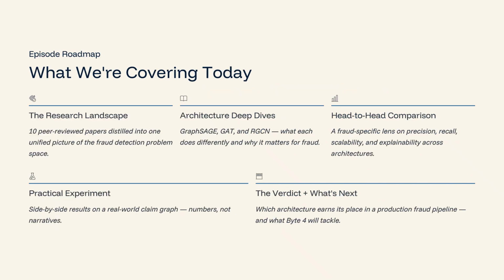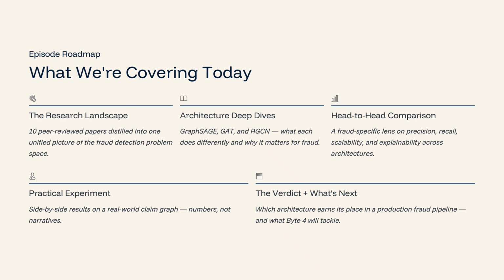So the roadmap that we are going to cover today: we start with the research landscape. As I already mentioned in our previous episodes, we collected a couple of research articles which are synthesized into one coherent picture of where the field stands. Then we go deep into three architectures, GraphSAGE, GAT, and RGCN, not at a survey level, but at the level of what each one actually does to a fraud graph.